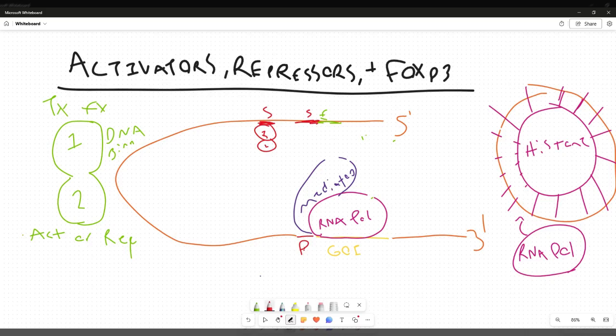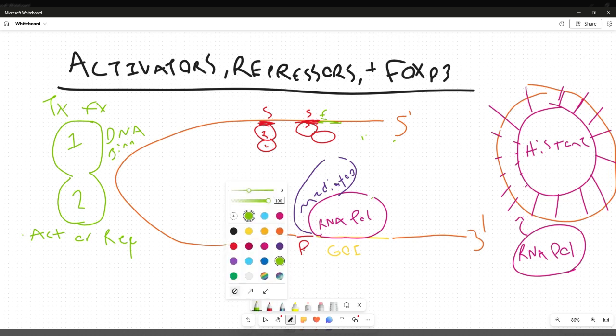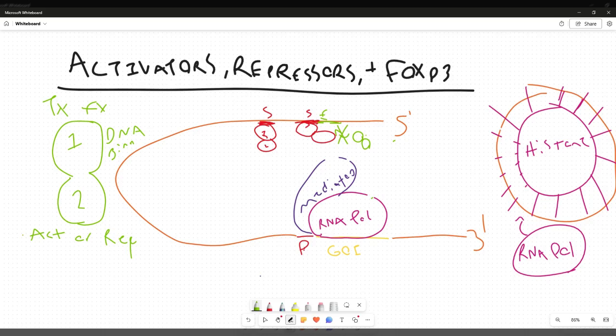I don't want the activator to bind. I will have a repressor, again with those two domains, bind to my silencer. And then, oh no, my activator is confused. It can't land on the enhancer site. So the first mechanism is competitive binding. It will overlap that site. Okay, well, I can't land here. I guess I can't be activating.